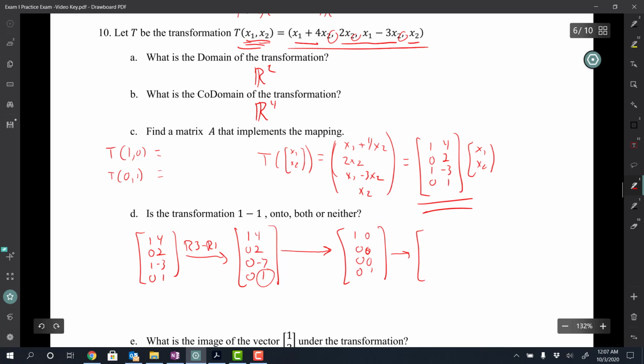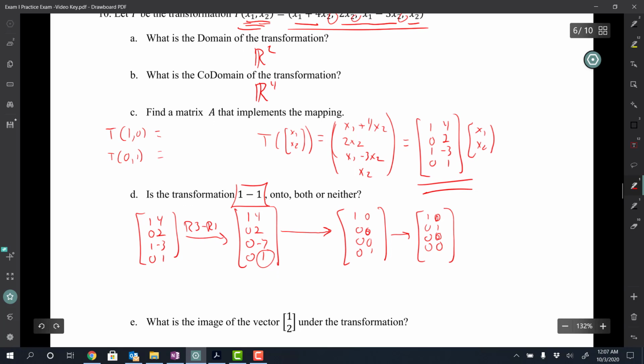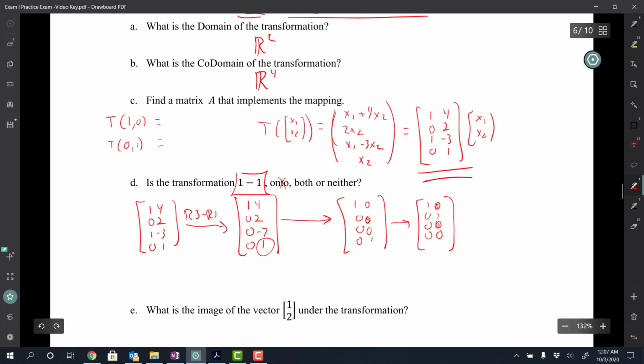From there I will just move the fourth row to the second row to get this as my row reduced matrix. Here I can see there's a pivot in every column, which means the transformation is 1 to 1, but there is not a pivot in every row, therefore the transformation is not onto. So I would say the transformation is 1 to 1, but not onto.